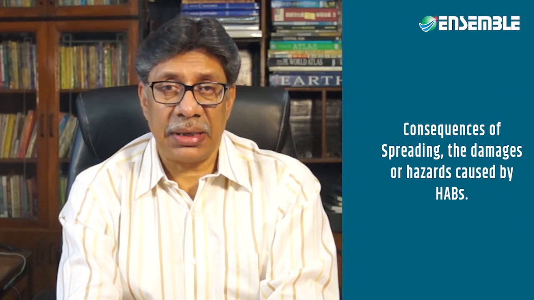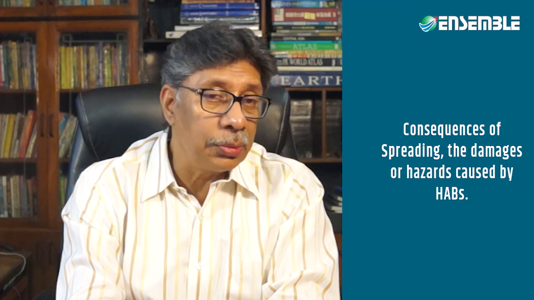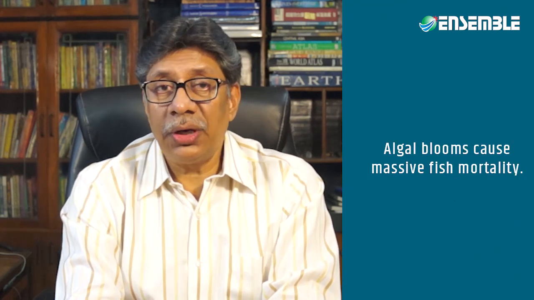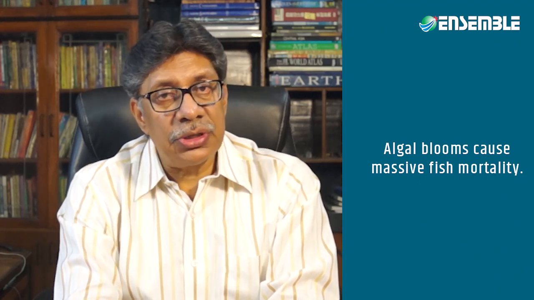The damages or hazards caused by the HABs or the dead zones are, one of them, algal blooms cause massive fish mortality, while others, when eaten by marine animals such as shellfish, enter the food web as toxins, and they prove dangerous to humans and other elements.